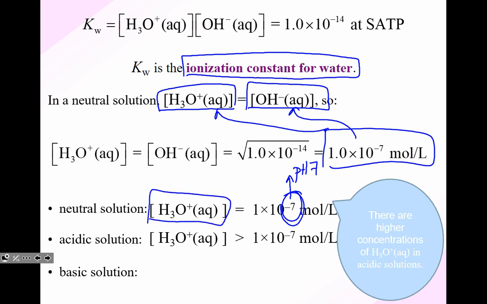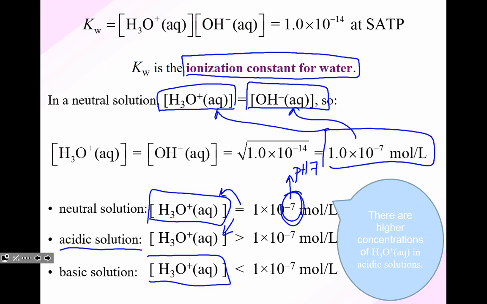An acidic solution, however, if you think about it, has more hydronium ions than a neutral substance. And in a basic solution, you have fewer hydronium ions than in a neutral solution.